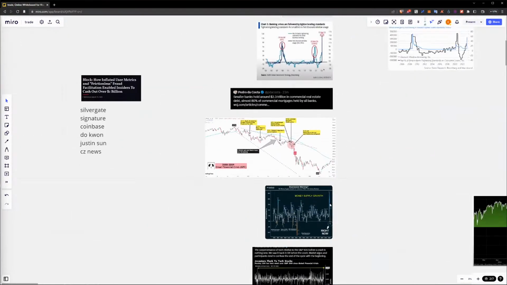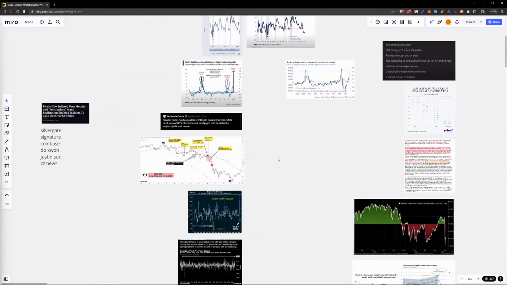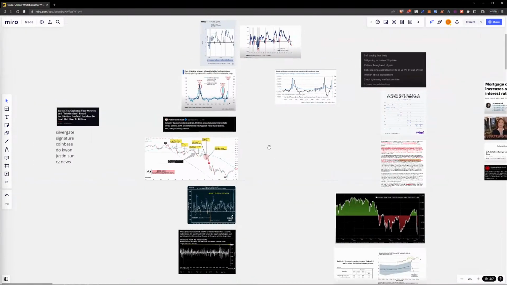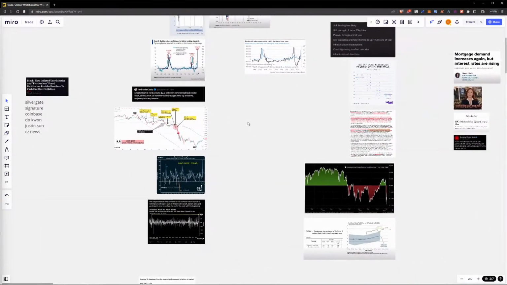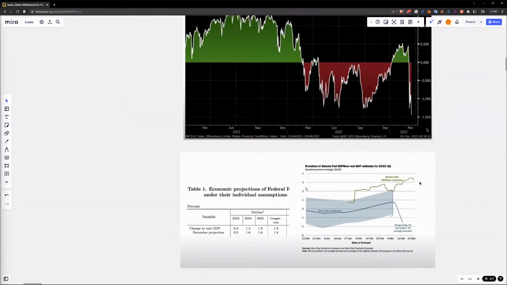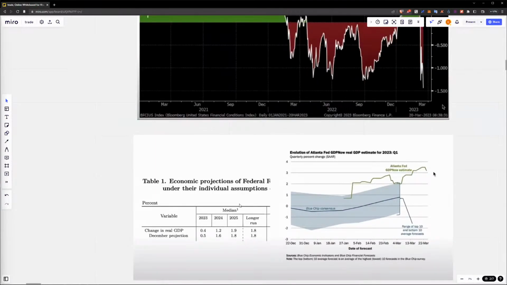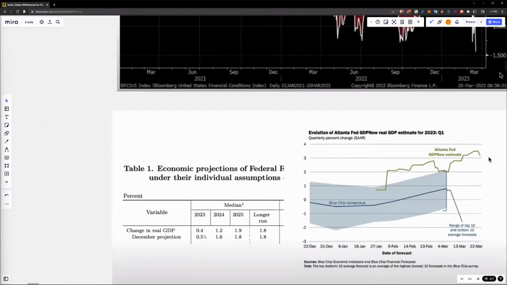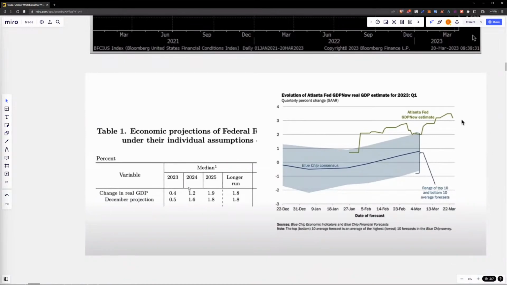This is the money supply. It's not really important, but one last note I like to show for the bear case is the Federal Reserve's GDP projection. The Federal Reserve's GDP projection is 0.4 for 2023. I watched Larry Williams' video yesterday, where he was saying the economy is good, GDP is up.